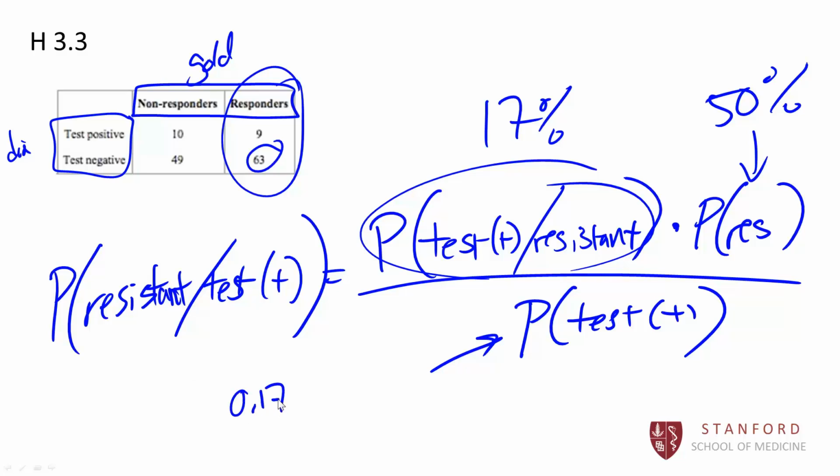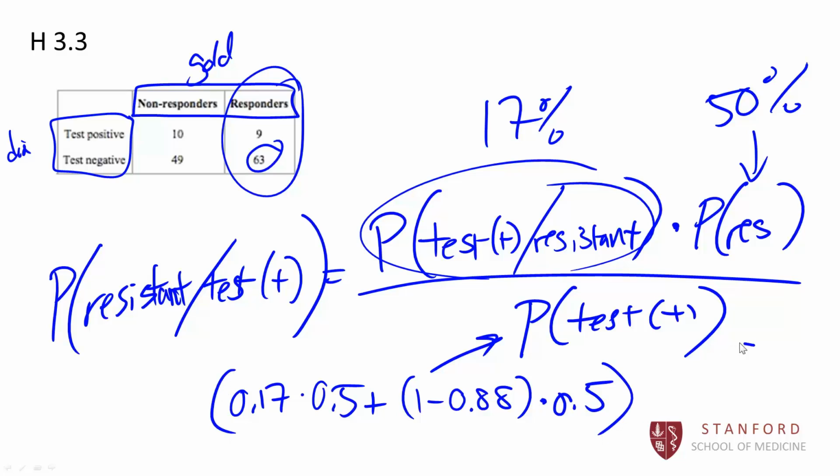So that's going to be the sensitivity of the test times the prevalence plus 1 minus the specificity, or 1 minus 0.88 times the prevalence in this test. Okay, so that's just the expanded version of what this is. It's the probability of testing positive in two different situations, okay, applying the sensitivity and 1 minus the specificity.